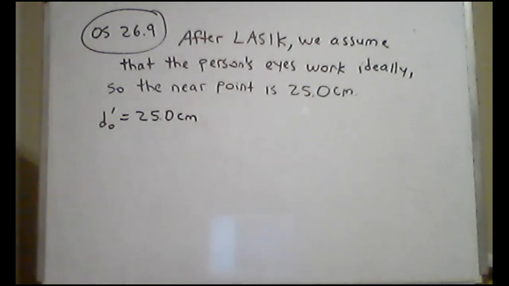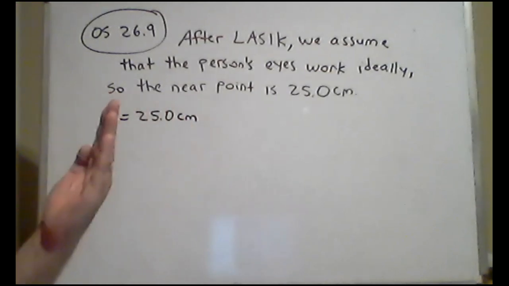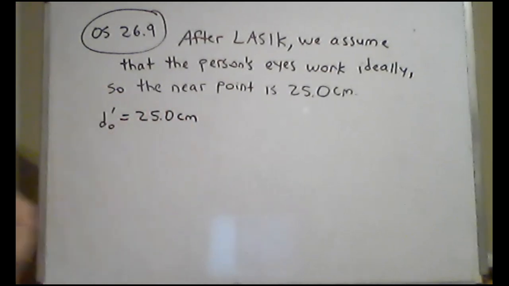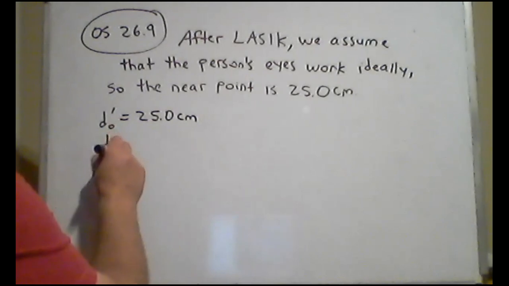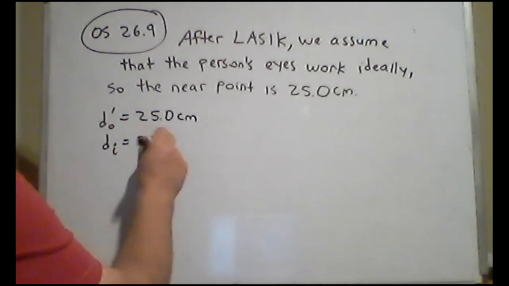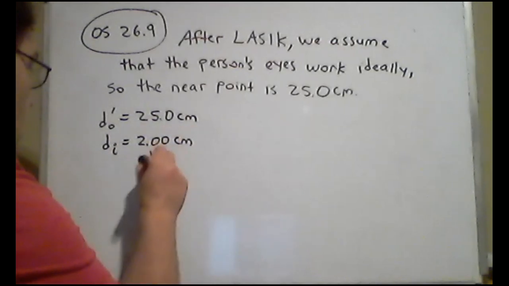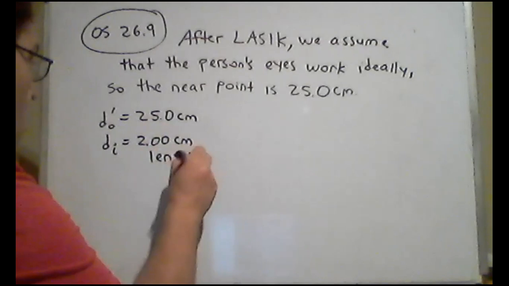With my ideal vision, I'm going to get as close as I possibly can to 25 centimeters to see that object without blurring. That's ideal near point vision. D_I is always the same inside the eye. That's a factor of the anatomy of the eye, the lens-retina distance. So that's a constant.